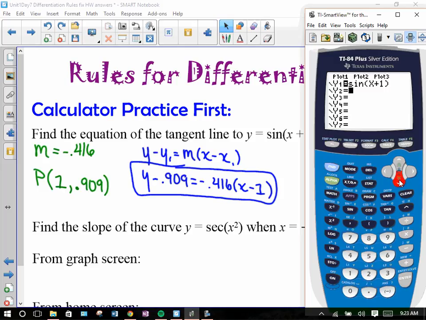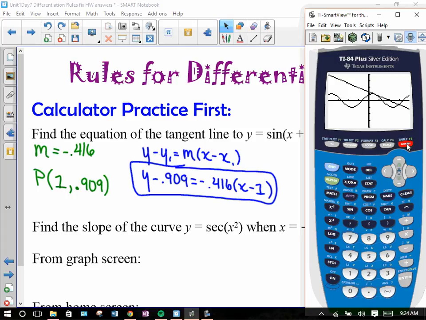It's negative 0.416 times x minus 1, and then plus sine 2. That's what our graph was defining there.